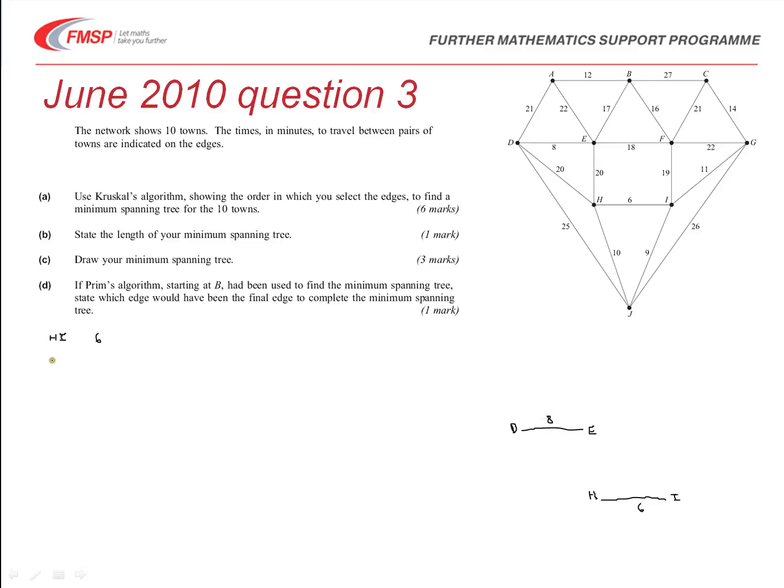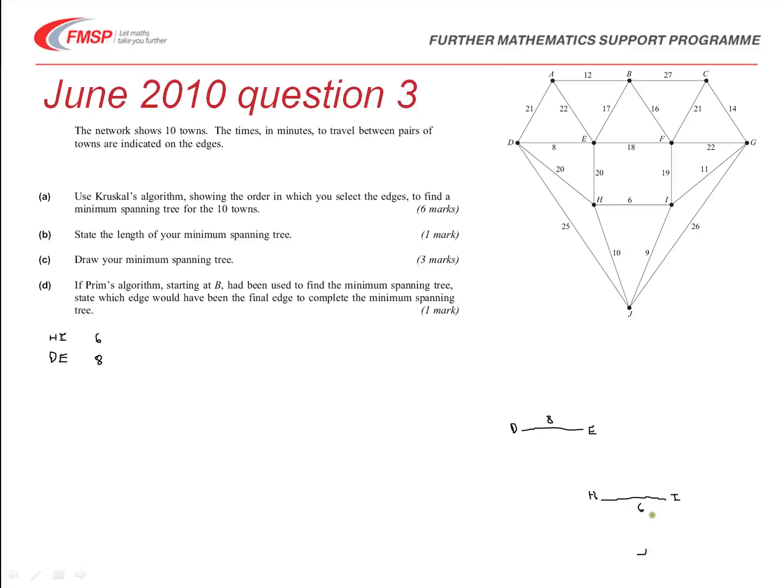We put that in our list as the second one used. Next is I to J, which is 9, so we draw I to J on our diagram.